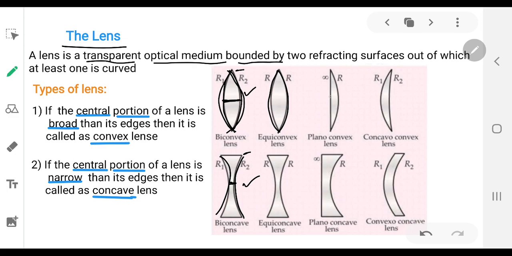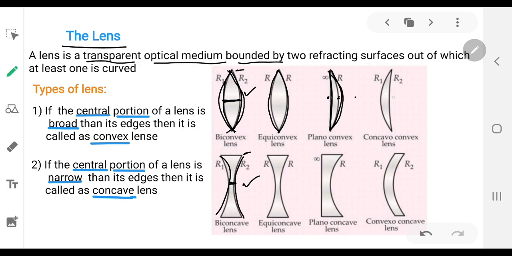Now, among two refracting surfaces, if one is curved and another one is plane, where the curved surface is convex towards the rarer medium, it is called a plano convex lens.